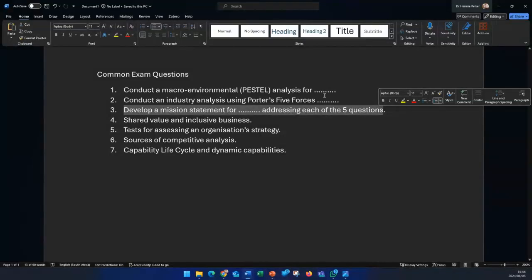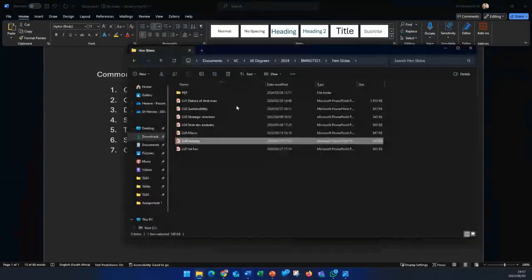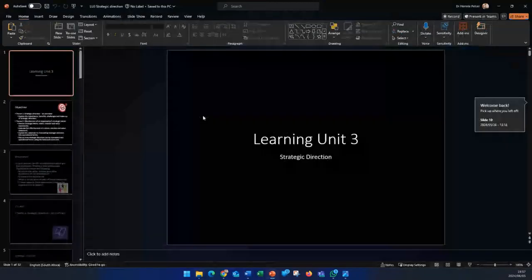As much as we know it's going to be the mission statement, these guys will bowl a bouncer that we aren't expecting. But if I had to prepare, I would know those 5 questions off by heart. I would make sure that I'm able to write a mission statement that addresses those 5 questions, guys.